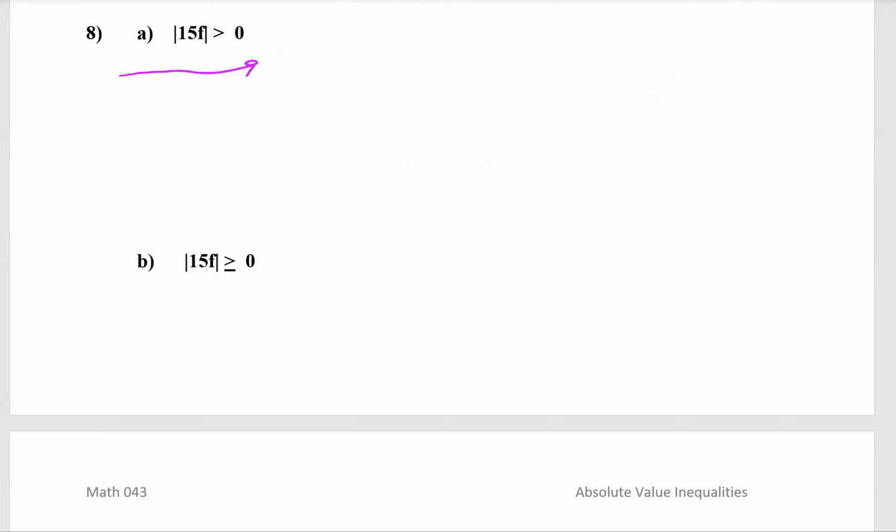So if I just draw a number line, and if I try 0.5, if I try 0.1, any number that is larger than 0 is going to be true. And the absolute value of a negative is a positive. So all these numbers are going to be true.